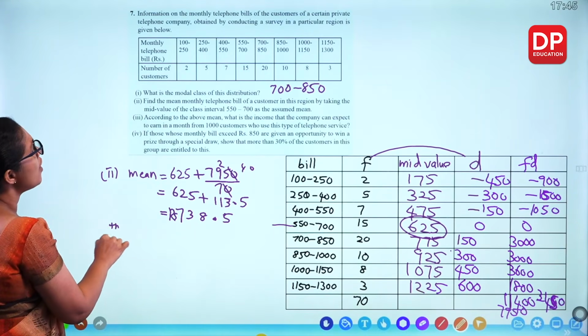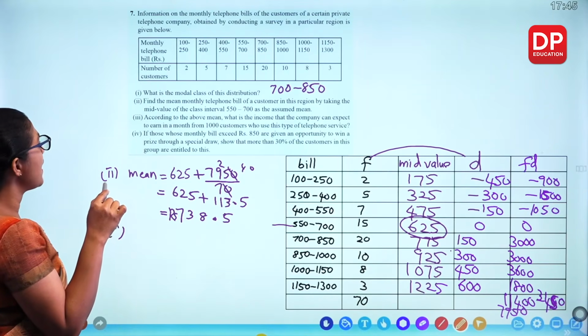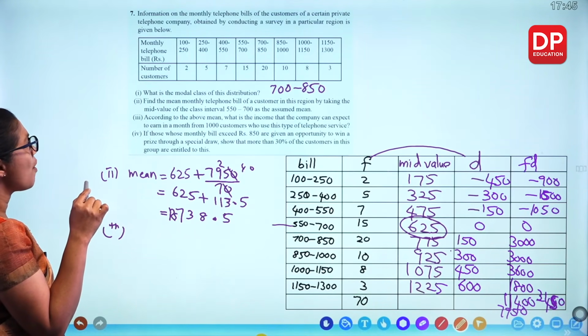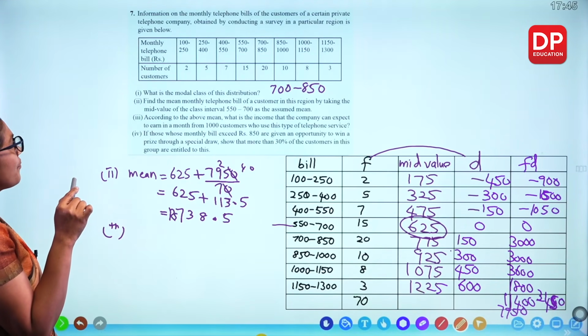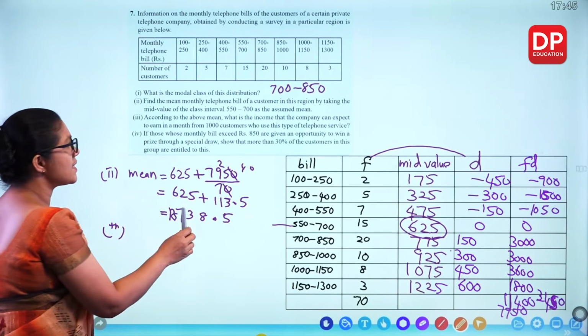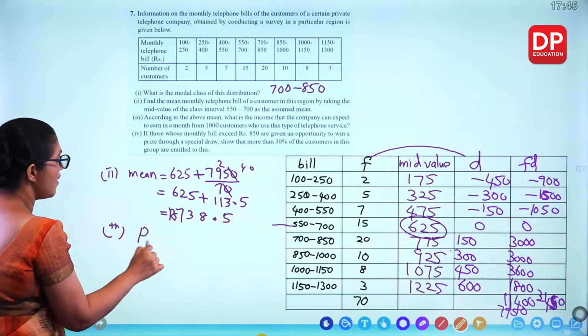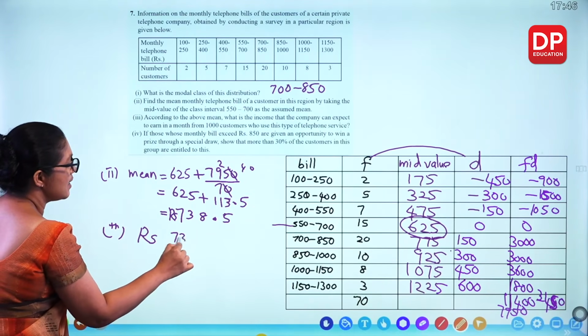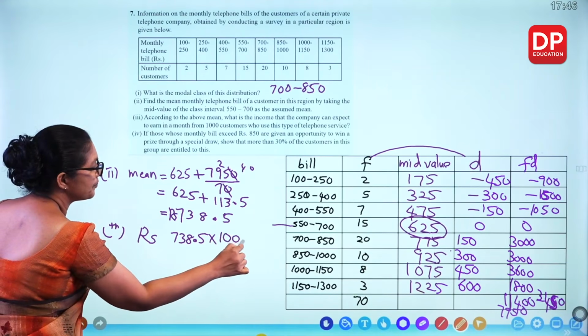Third part, according to the above mean, what is the income that the company can expect to earn in a month from 1,000 customers who use this type of telephone service? So this is for one person. If there are 1,000 customers, you can get this value multiplied by 1,000.